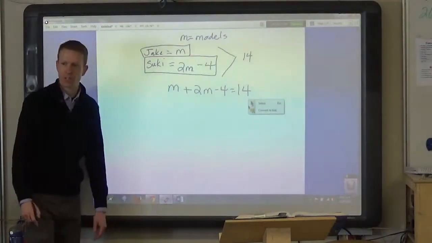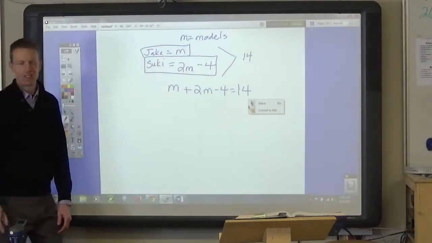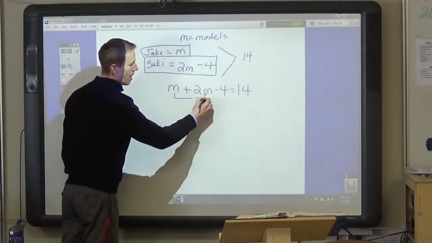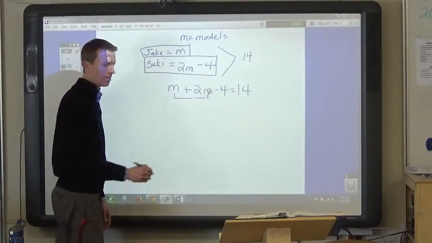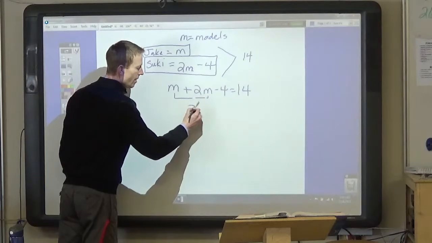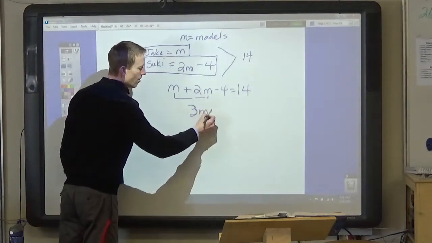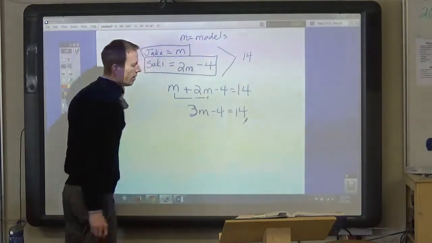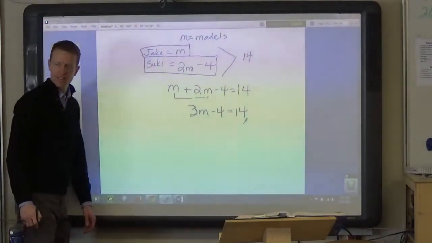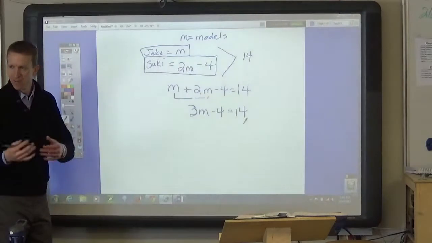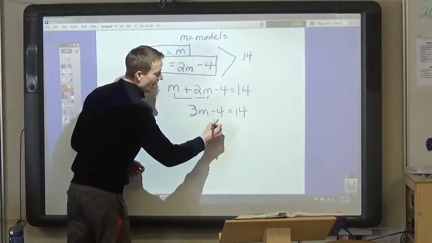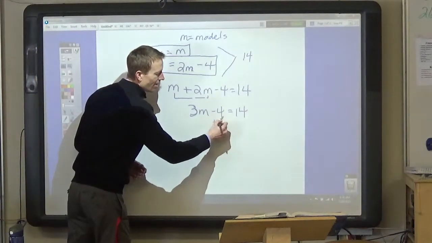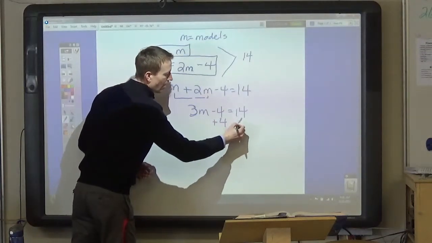Now, what can we do? Combine like terms. 3m minus 4 equals 14. Then what? Then you add 4 to both sides.